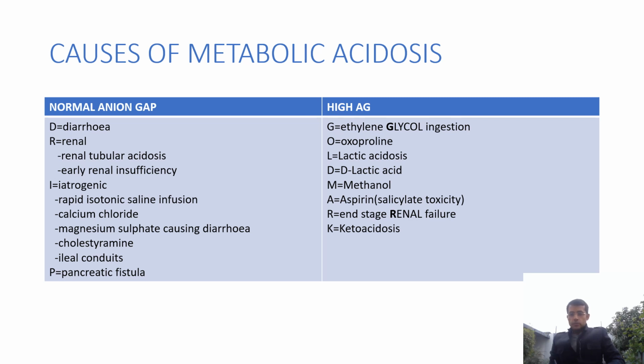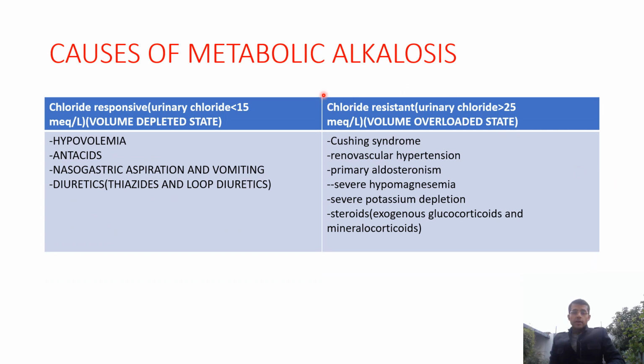So what are the causes of metabolic alkalosis? We normally divide into two subgroups. Chloride responsive, that is urinary chloride less than 15 milliequivalents per liter, volume depleted states: hypovolemia, antacids, nasogastric aspiration and vomiting, diuretics, thiazides and loop diuretics.